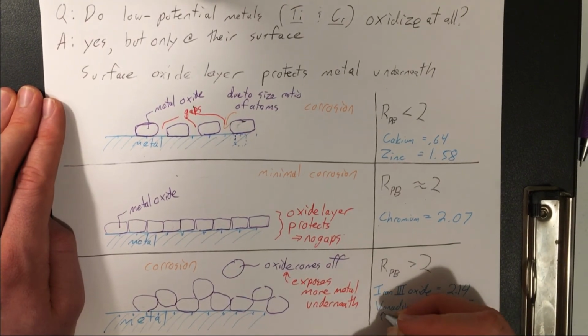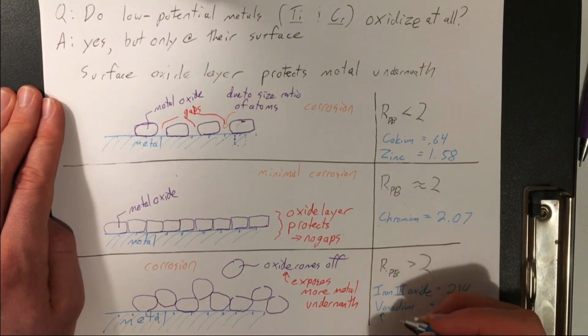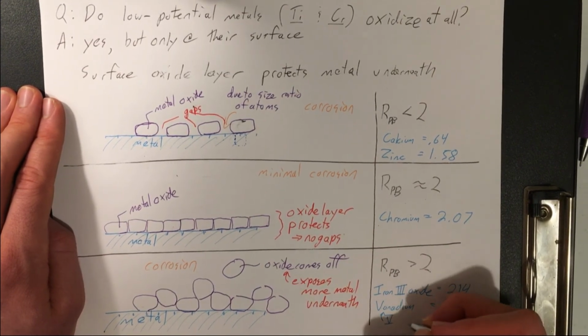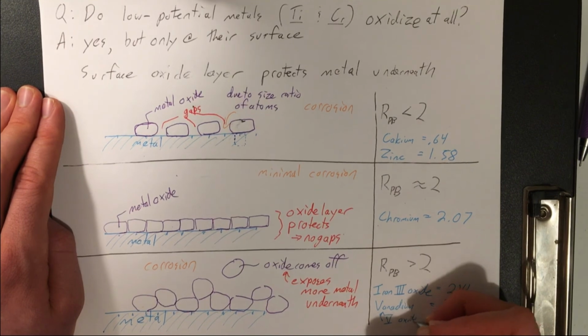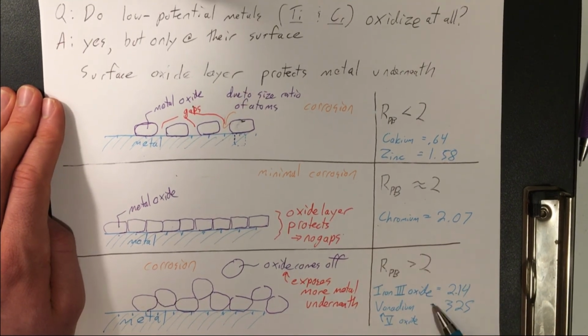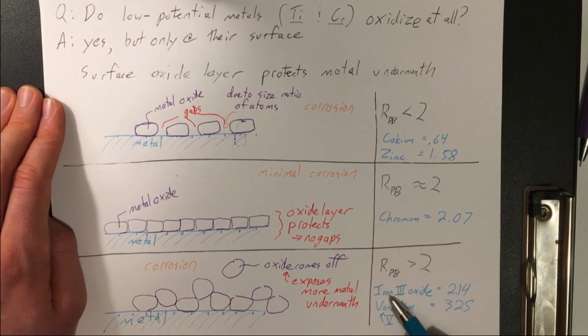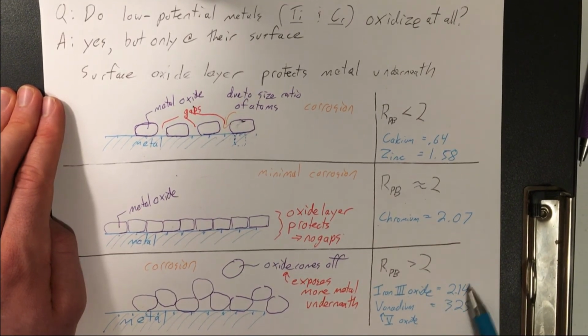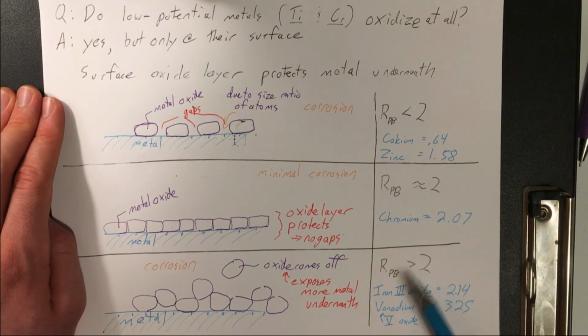Vanadium actually could have a couple of different valence numbers, and in this case it would be vanadium 5 oxide. So anyway, these materials, like iron, rust and rust and rust, and eventually it all goes away. And that's a consequence of having a Pilling-Bedworth ratio that is a significant degree higher than 2.